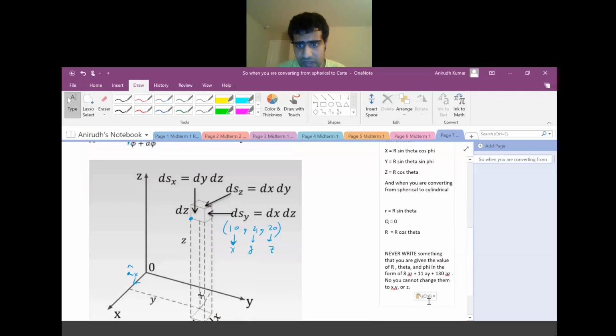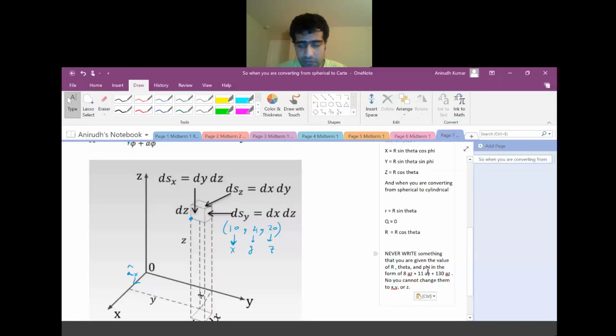And one very important thing to note is, let's say I'm given the coordinates of r, theta, and phi. I'm given the coordinates 8, 11, and 130. For example, 11 will never be the value of theta, and 130 will never be the value of phi in an actual problem, but let's say that were the case.